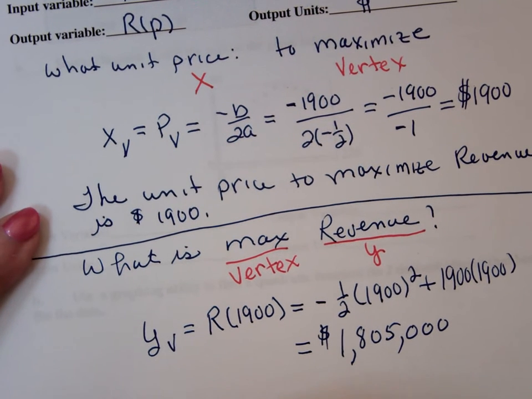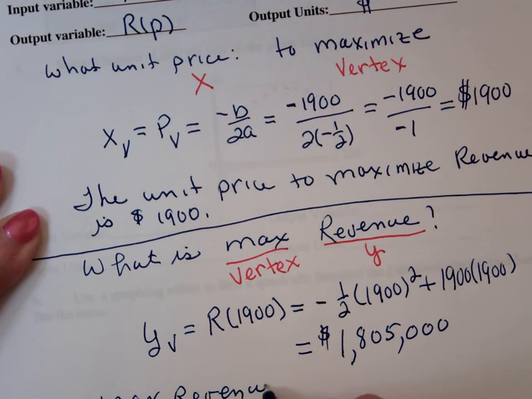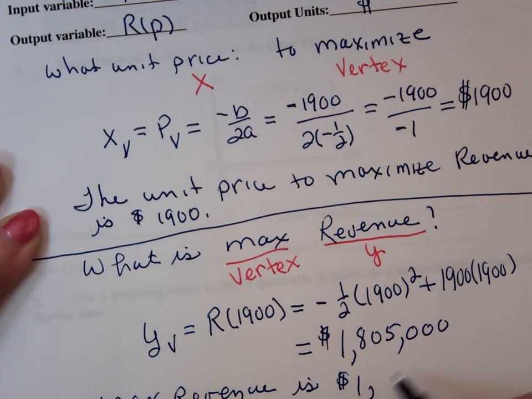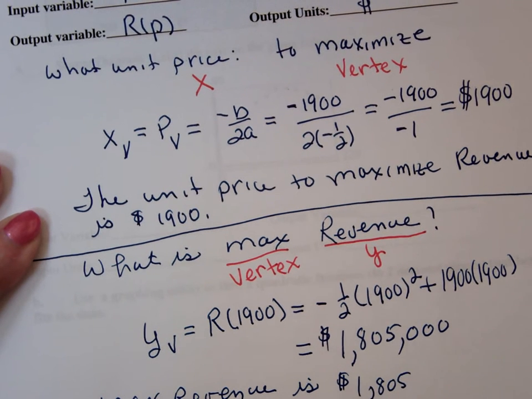So that says that the maximum revenue is $1,805,000.